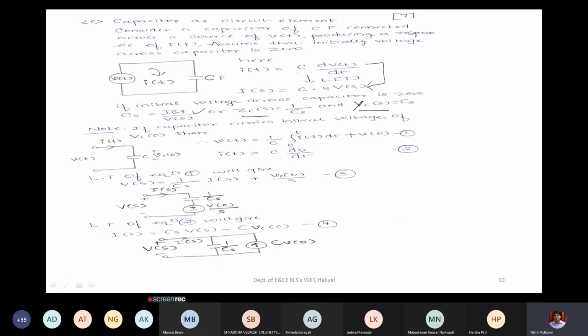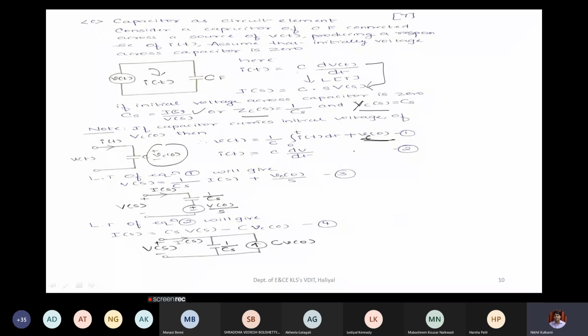Okay. Now if you assume that there is some voltage across the capacitor, Vc of 0, then how do we write it? Voltage V of t, you can define as 1 by C times the integration of I of t dt plus the initial value, this is Vc.